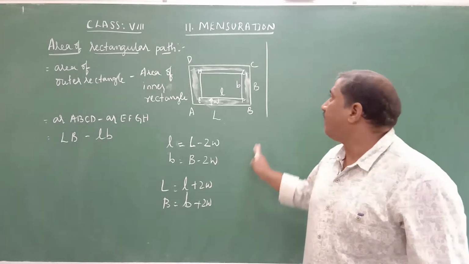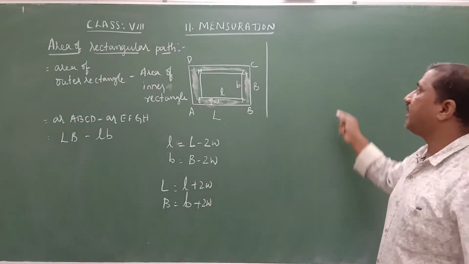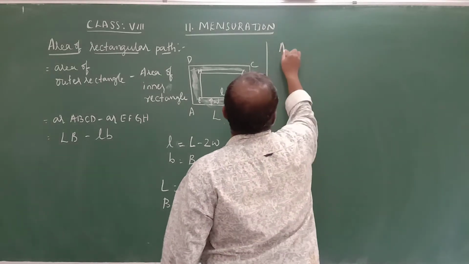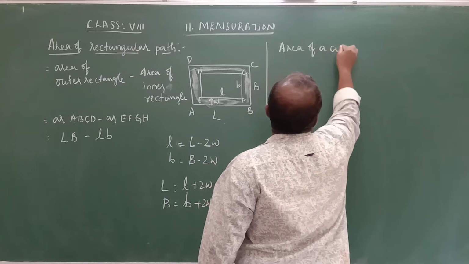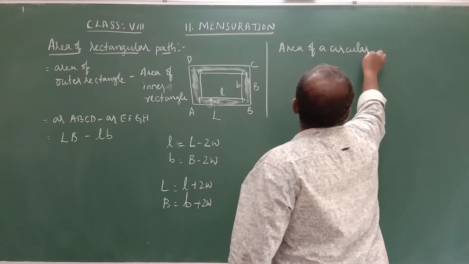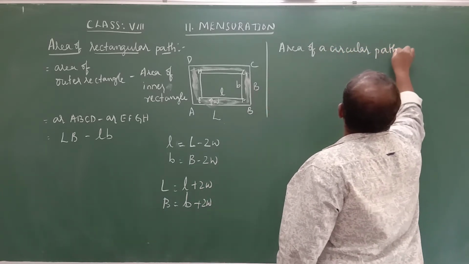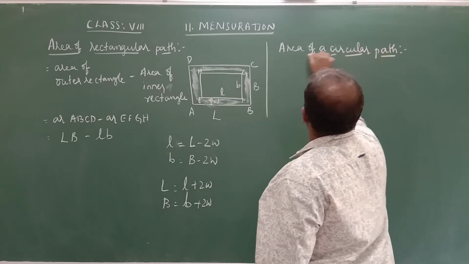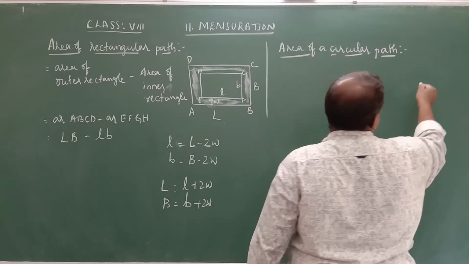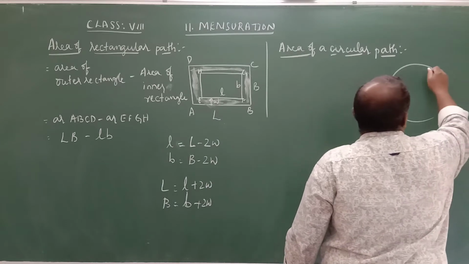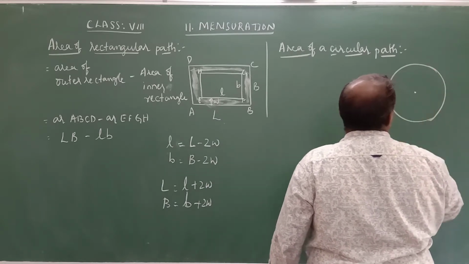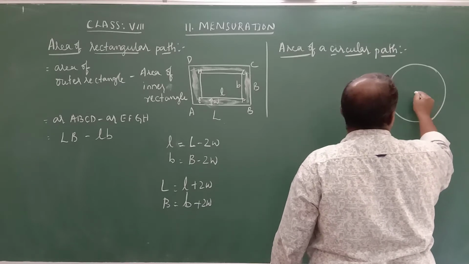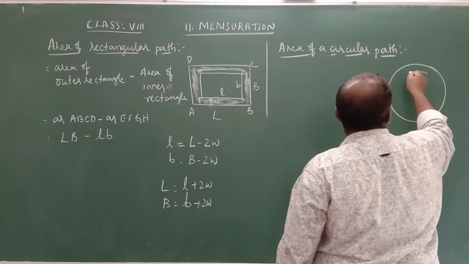Yes. Now, we will discuss the area of a circular path. Here also we have 2 circles. Let this be the outer circle with radius capital R, and this is the center of the outer circle, and inside we have one more circle.